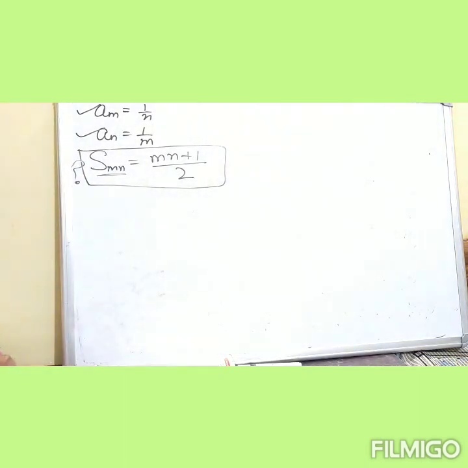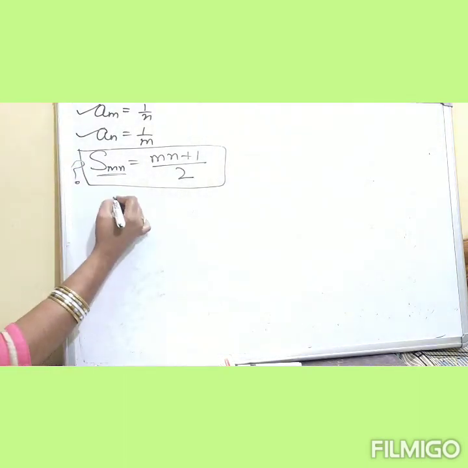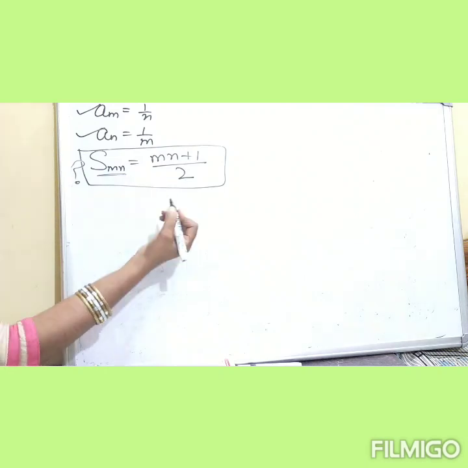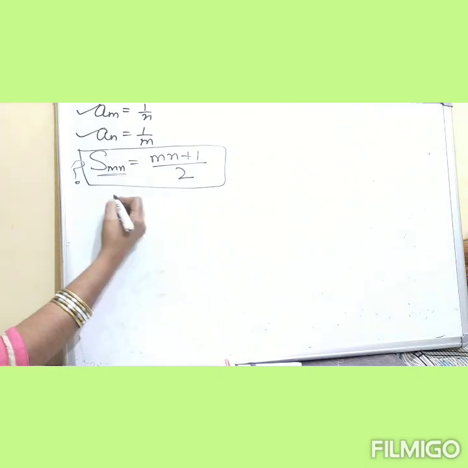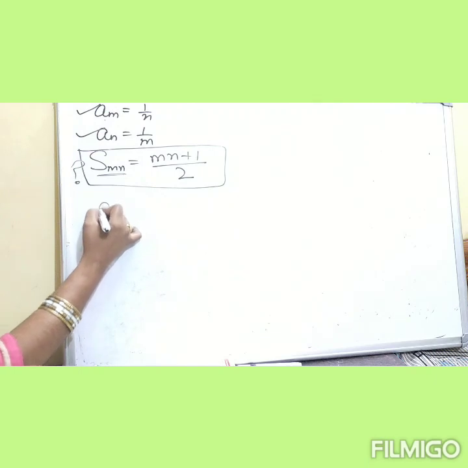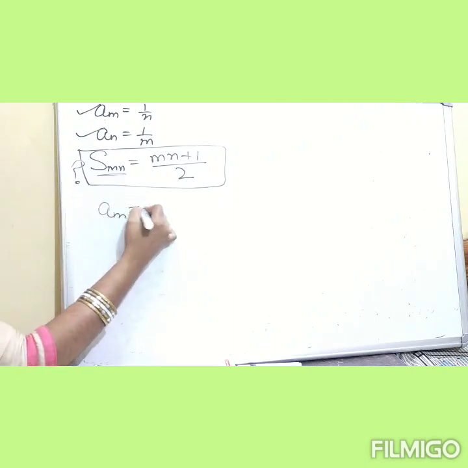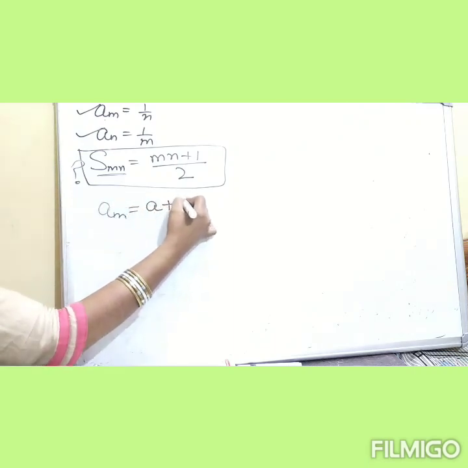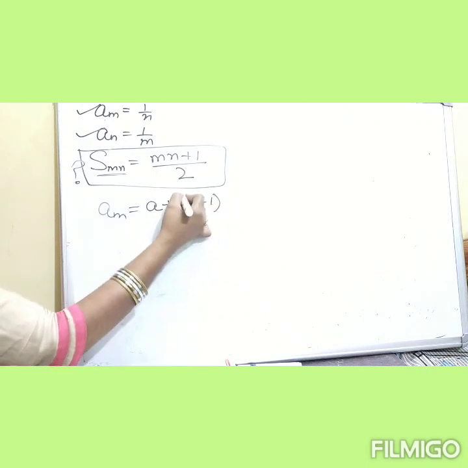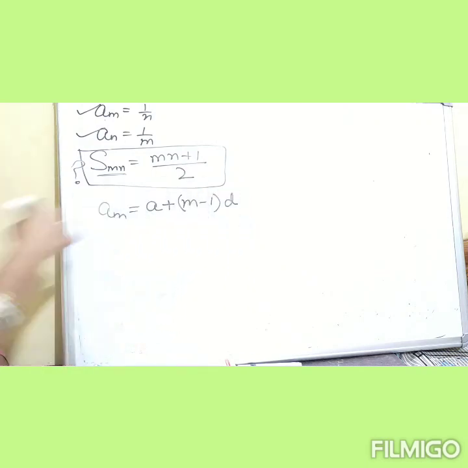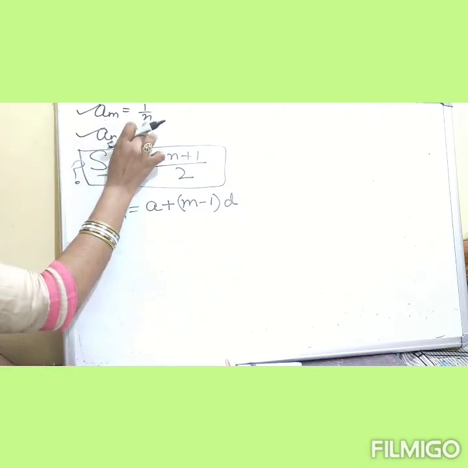So let us see how we have to do that, because we have the formula for the nth term. You all know that according to that formula, the mth term should be equal to a plus (m minus 1) into d, and this is given in the question as 1 by n.